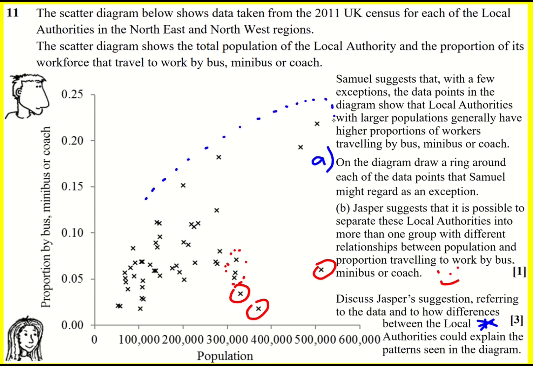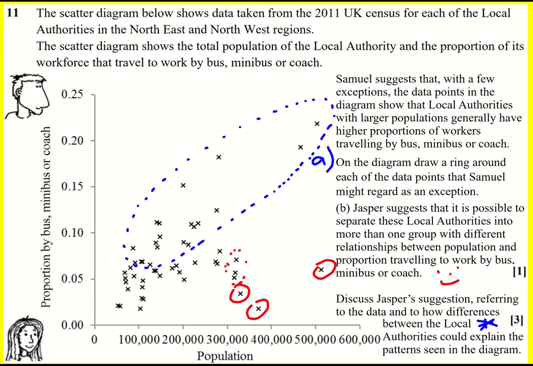As the population increases, the proportion going by bus and minibus also seems to increase. So that could be situations, like in cities, for example, where a big city is going to have a much better set of services, buses, and so on. So that's why the proportion is going to increase.